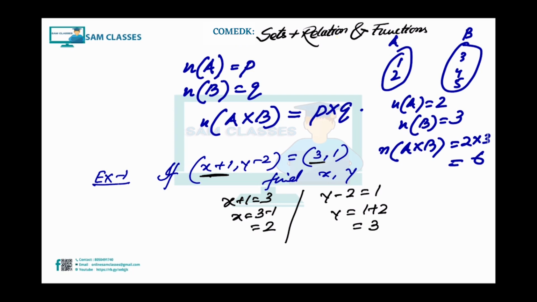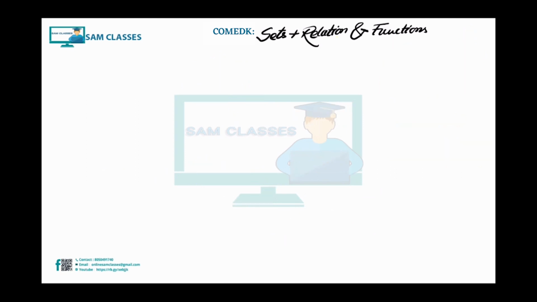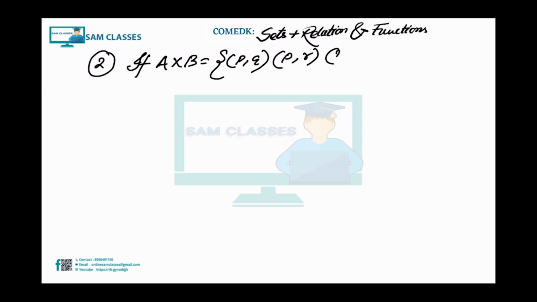Okay, very good. Now let's see some other examples also. Now a simple question, let's take it. Question number 2, what we are taking is, if A cross B is given as P comma Q, P comma R, M comma Q, and M comma R. So this is given to us.